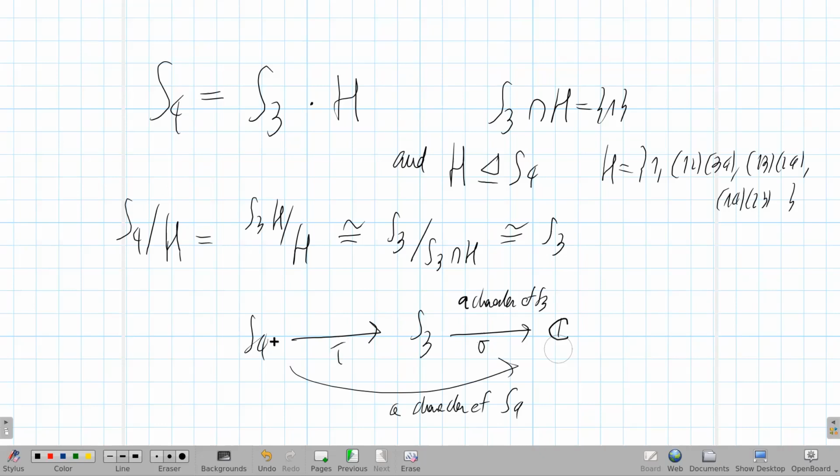So you define a character of S4, how? Tau of an element G in S4 will be sigma of Gh. Here Gh is in S4 over H, which is a group isomorphic to S3. So if you have a character of S3, you get a character of S4, which on an element G has the value that sigma has on this coset, which is really an element of S3. Let's see how it works in practice.